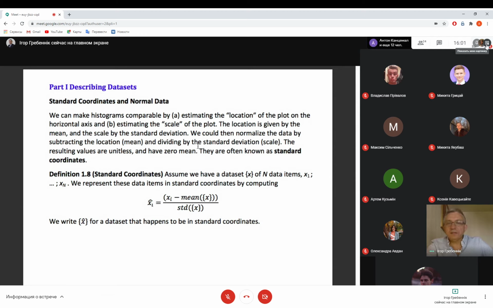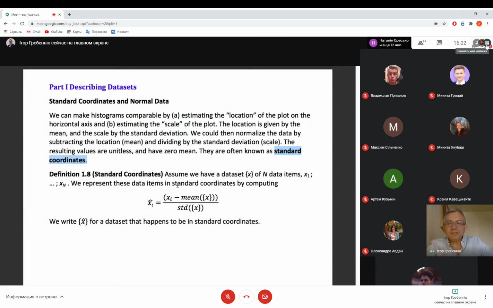And it is important, and very applicable, to normalize the data by subtracting the location, the mean, and dividing by the standard deviation. The result of this procedure is called standard coordinates, or standard data set, or normalized data set.